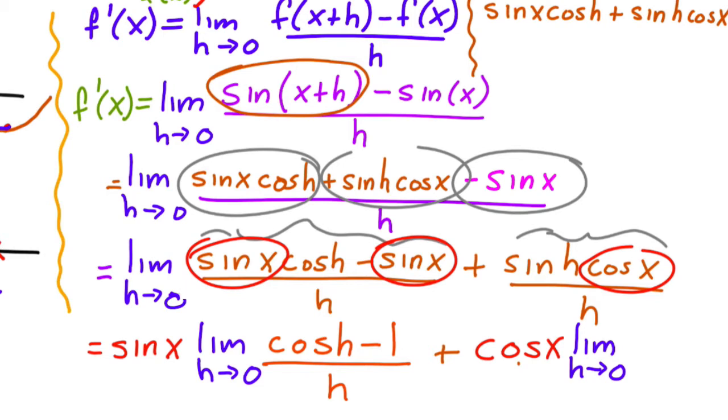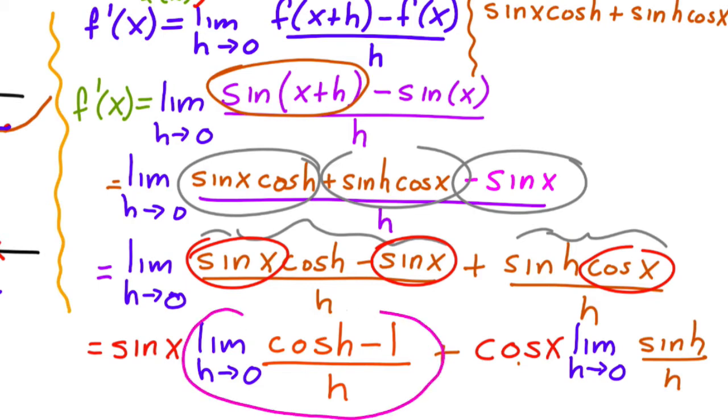Now this is using the limit laws. Remember, you can break up the sum. The limit of a sum is equal to the sum of the limits. So I can break that up. That's okay. And then of sine of h over h. Okay, so now take a look at this. If you go back to the limits that we gave in the beginning, this guy right here is just equal to 0.